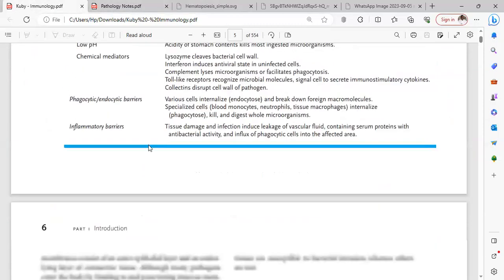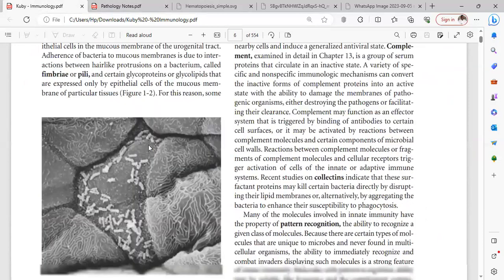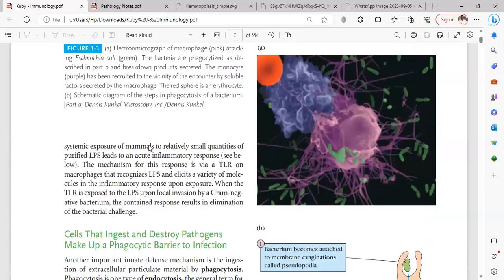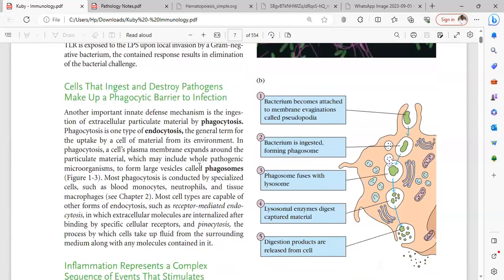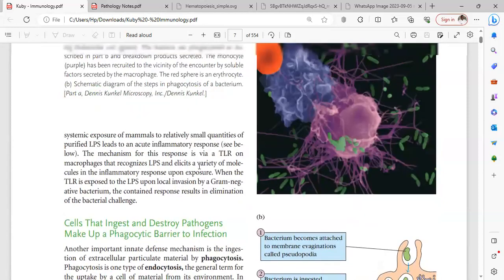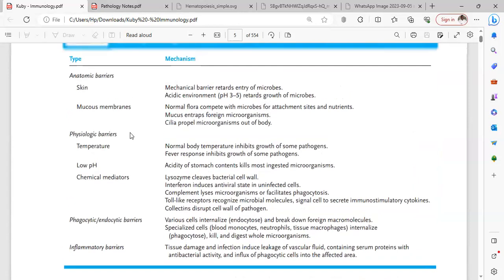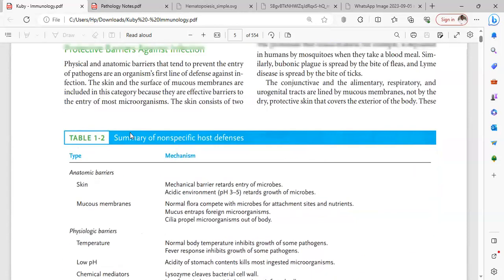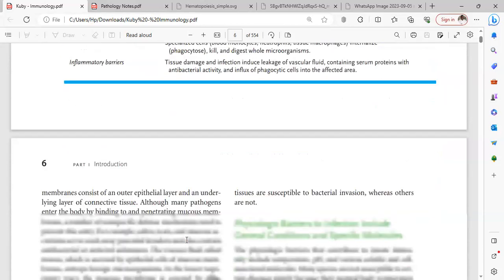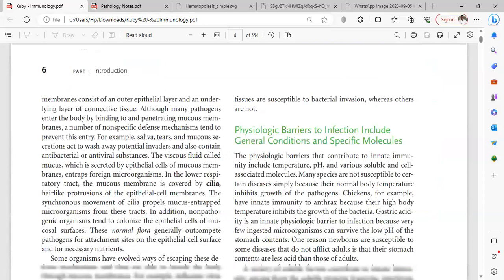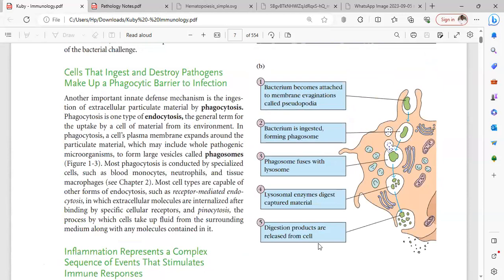So that is for the innate. Then we'll go to the adaptive, which is acquired. But let me take you back slowly. One of the defense barriers for the innate is phagocytic, so we'll go through the steps of phagocytosis, at least to appreciate them.